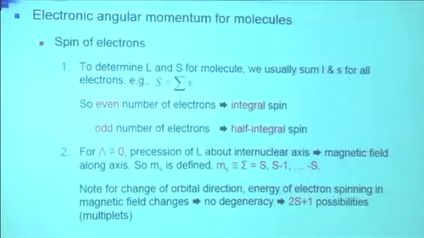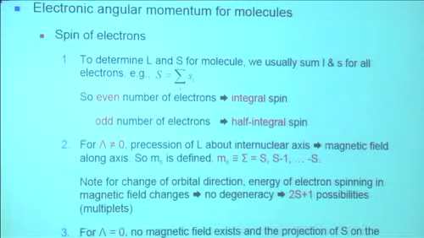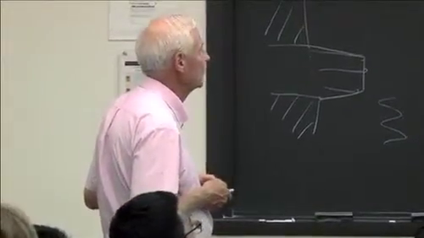Only when we have orbital angular momentum do we have the current, which gives us the magnetic field, which locks S down. So we only really have this locking of the S onto the axis when lambda is unequal to 0. Okay, this is a lot of stuff, but there are just rules. You just have to learn the rules and follow the rules.